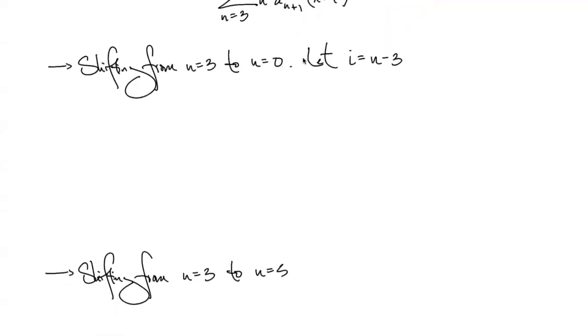But I'm wondering, while we're talking about that, what would we let i equal in this second case? Right, if we're starting at 3 and we want to shift up to 5, yeah, exactly.